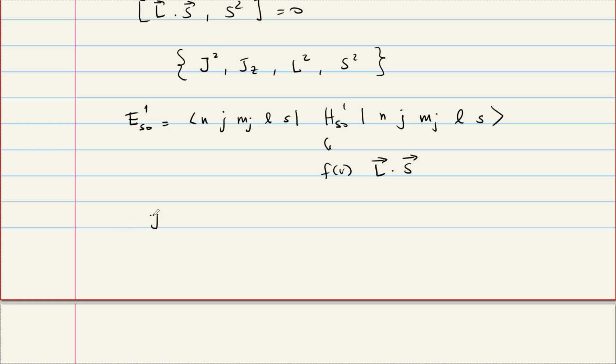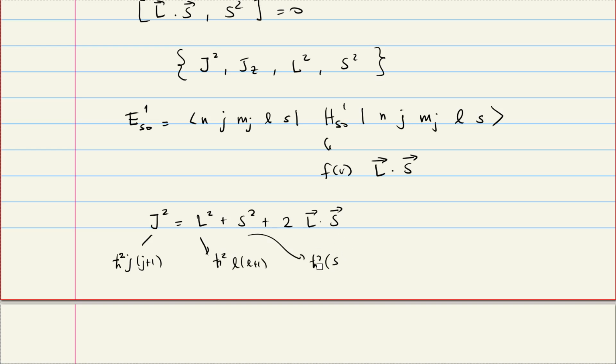And we know what J squared is. J squared is L squared plus S squared plus 2 L dot S. And this one is going to give us h bar squared J times J plus 1. This one is going to give us h bar squared L times L plus 1. And this one is h bar squared S times S plus 1.